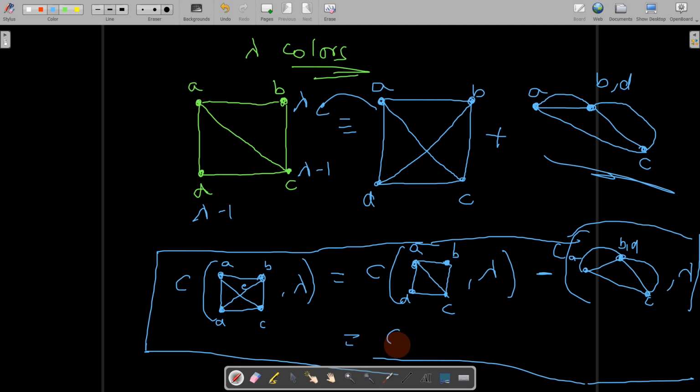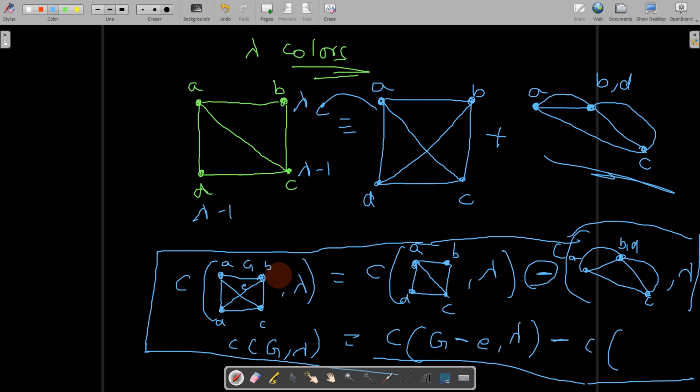I can rewrite it as you will find in textbooks. If this graph is G, the chromatic polynomial for the graph G using lambda colors will be equal to the chromatic polynomial of the graph G minus this edge E, where you delete this edge, minus, be careful, this is a minus, as I explained why. Minus the chromatic polynomial when you contract these two incident vertices into a single vertex, G dot E meaning contraction of edge E, comma lambda.